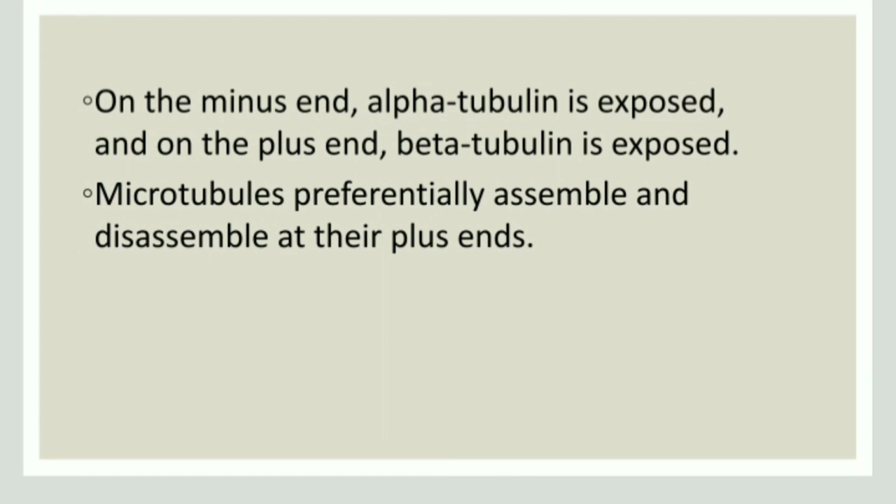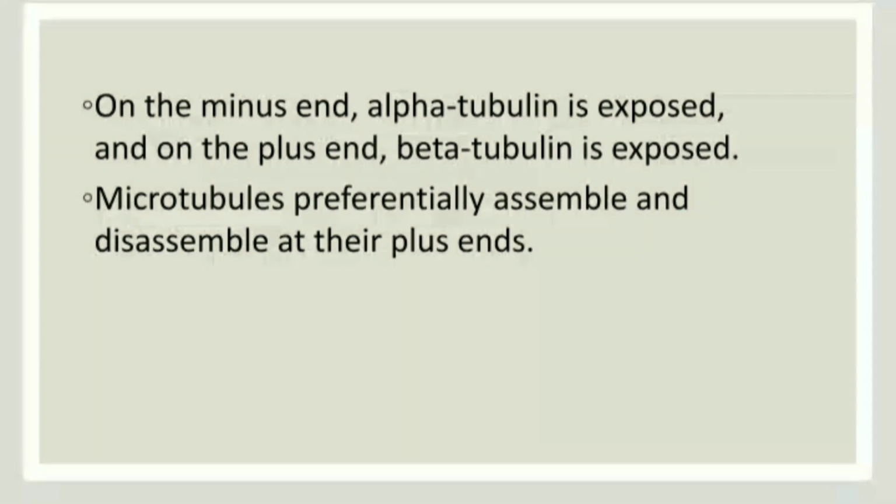A microtubule is made up of a protein called tubulin, that is, a tubulin subunit. This tubulin subunit is a heterodimer, made up of an alpha and a beta tubulin. These tubulin monomers are linked at their sides as well as their ends.